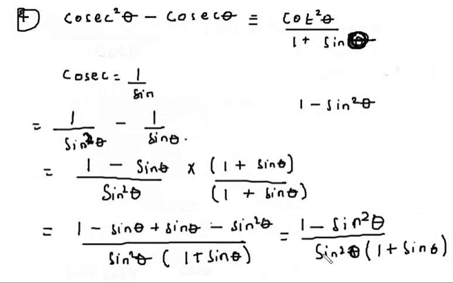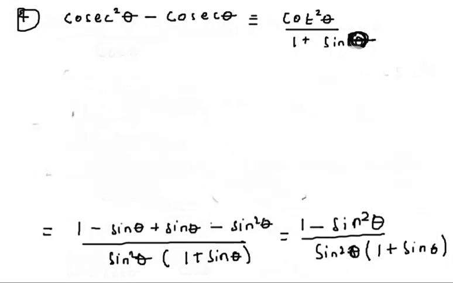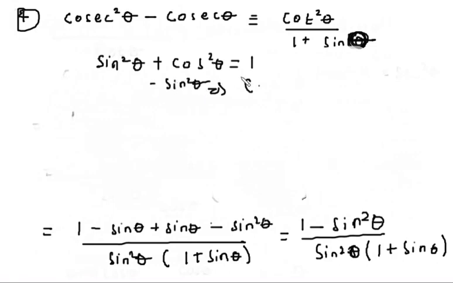Okay, so if we look at this term, it is still simplifiable. We also know that sine square theta plus cos square theta equals 1. This implies that if you subtract sine square theta from both sides, cos square theta equals 1 minus sine square theta.